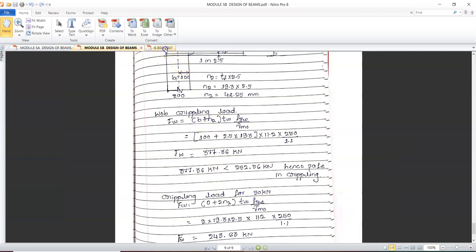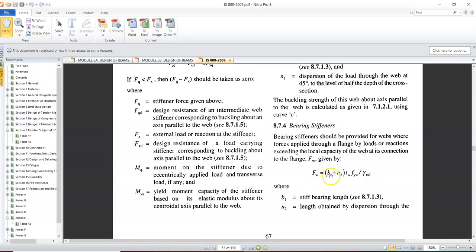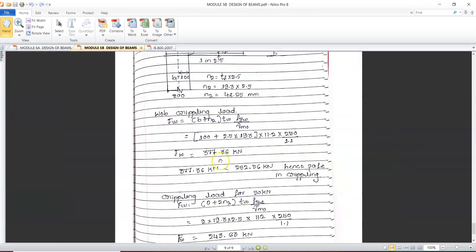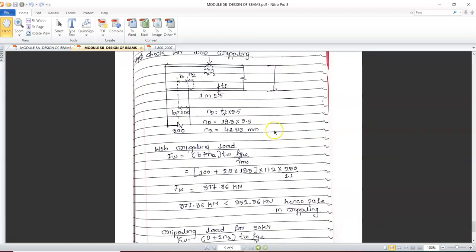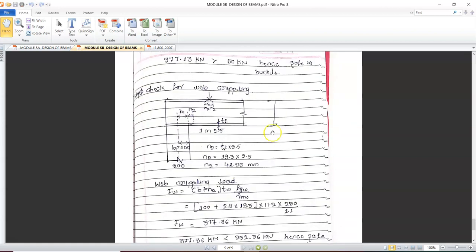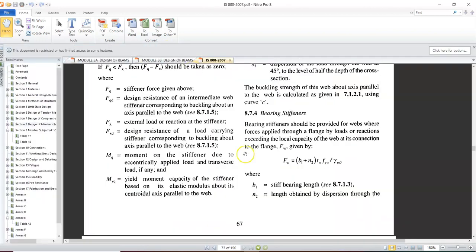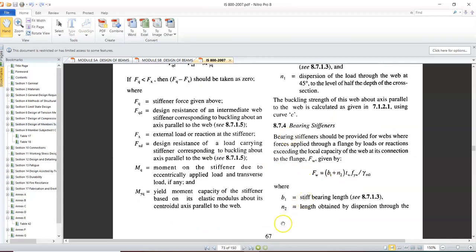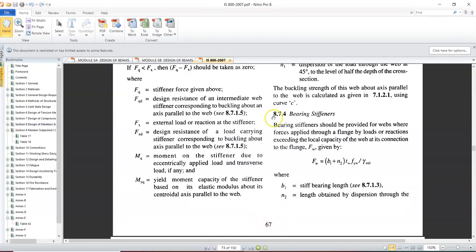So B1 we have missed here. The reference is missed here. You can note down the reference in your notes as IS 800, page number 67, clause number 8.7.4.